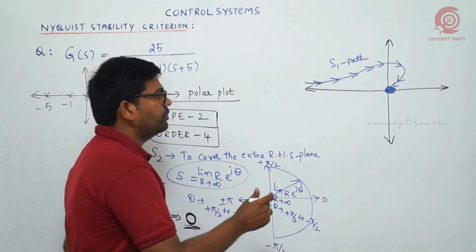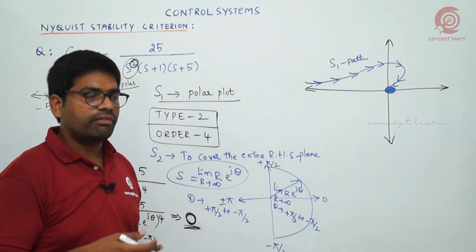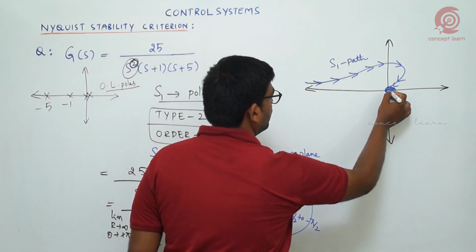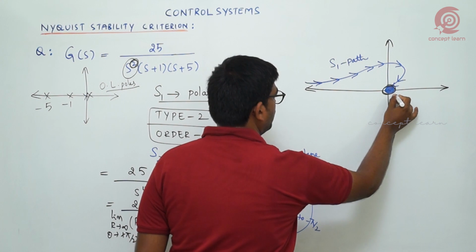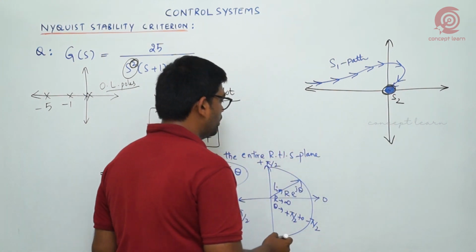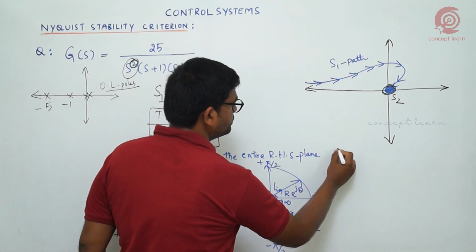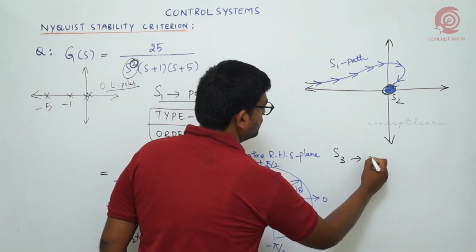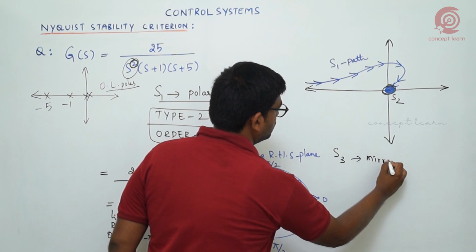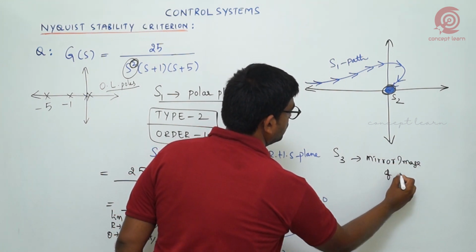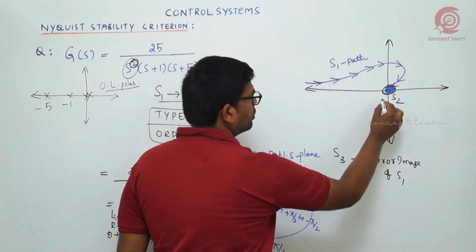So when you map the entire right half of the S plane into the G of S plane, we get S2 at the origin only. What is S3 here? S3 is just a mirror image of S1, so we just need to draw like this.